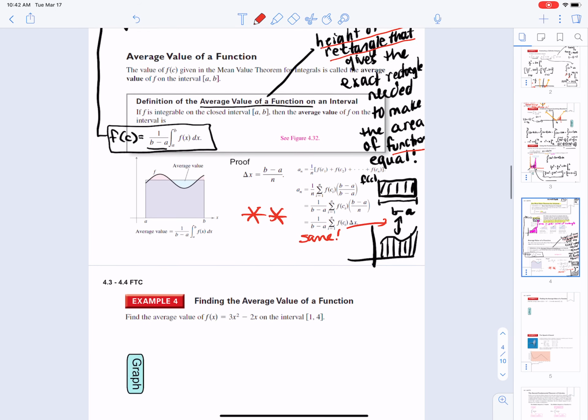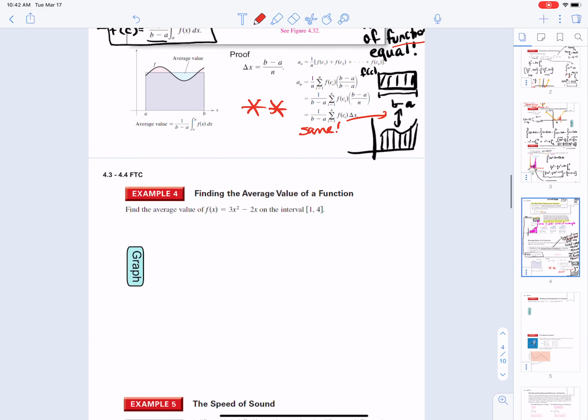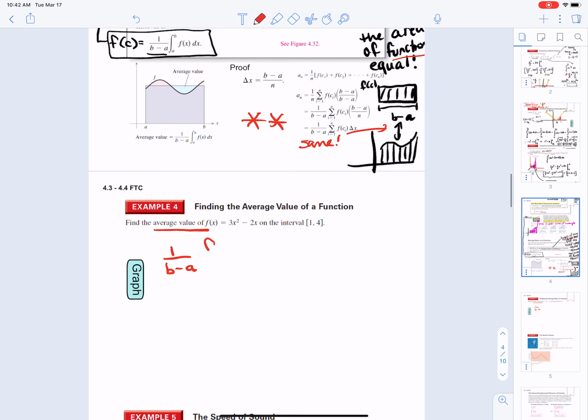Okay, so let's actually do an example. It says find the average value of the function on the interval. So I'm going to do 1 over b minus a, the integral from 1 to 4 of f of x dx, and you can sub your function in.